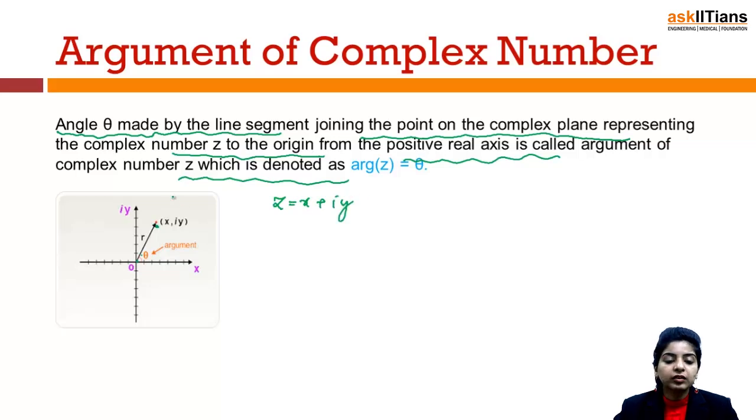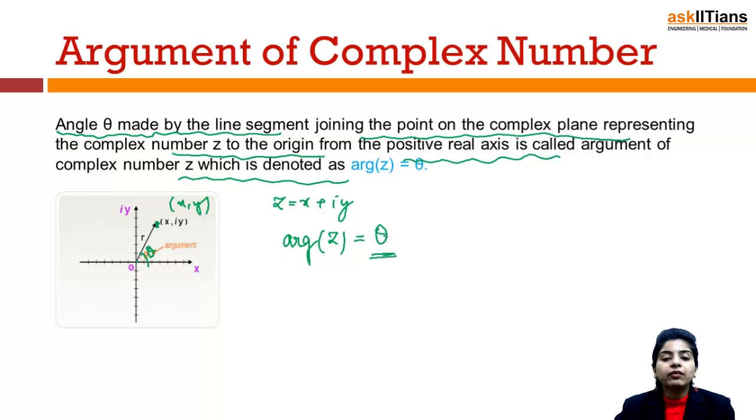So this is the point, this is the complex number z, and on the complex plane or the Argand plane we can represent it as the ordered pair (x, y), right? So this is that number, and therefore this angle theta would be termed as the argument. And how do you denote argument? You can just write arg, that means argument of z. This denotes argument of the complex number z is the angle theta.